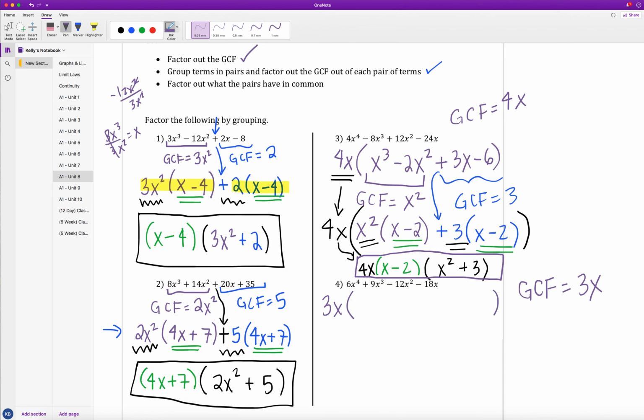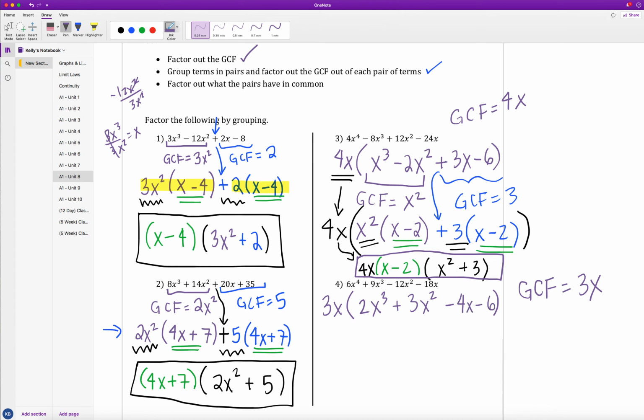What would we be left with when we factor out 3x out of all 4 of those terms? We would be left with 2x to the third plus 3x squared minus 4x minus 6.